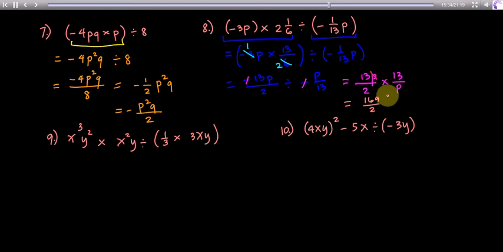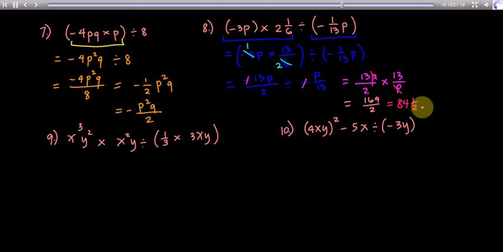There's 1 P on the numerator and 1 P on the denominator, so that would be equal to 1. So the answer is 169 over 2. Or if we make it into a mixed fraction, 169 over 2 is equal to 84 and a half.